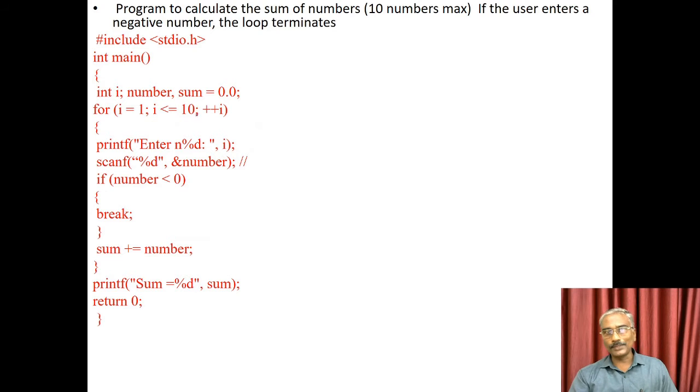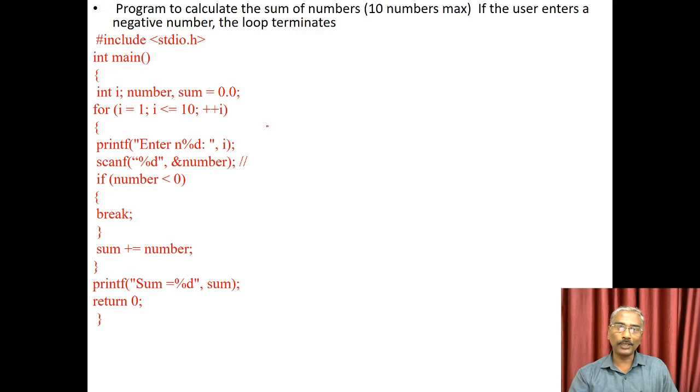Now let us see a very simple program related to how the break statement works in a program. In this program, we have to calculate the sum of numbers. For example, if you want to give numbers from 1 to 10, if the user enters a negative number, immediately the loop will be terminated.